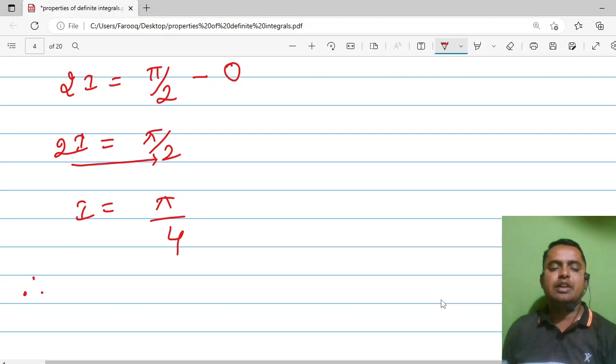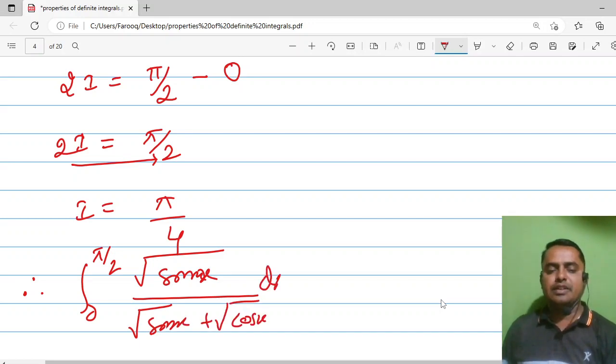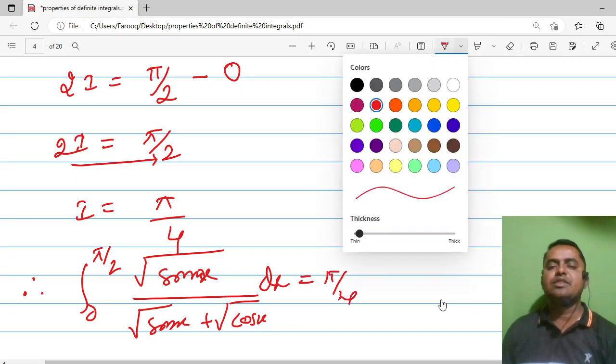Therefore integration of 0 to 5 by 2 root sin x divided by root sin x plus root cos x dx is equal to 5 by 4. This is the final answer for the question.